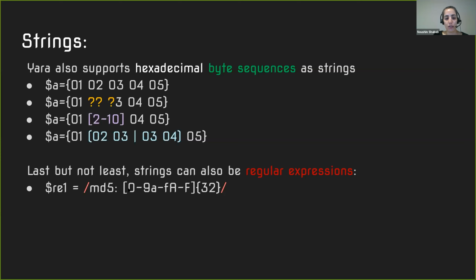You can create a pattern that matches every MD5 hash value, which consists of digits from 0 to 9, and alphabet characters from A to F that could be lowercase or uppercase, and it's always 32 in length.